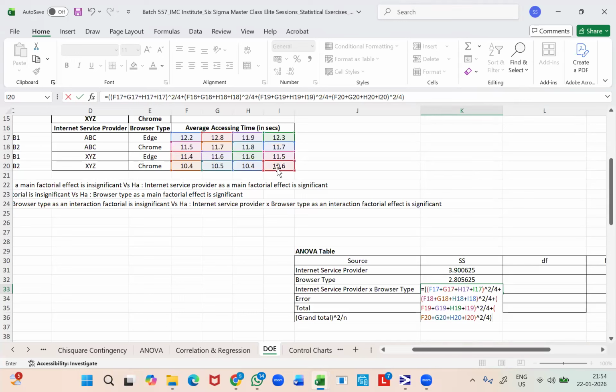So the entire thing should be subtracted from the grand total square by n value, which is in cell A36.